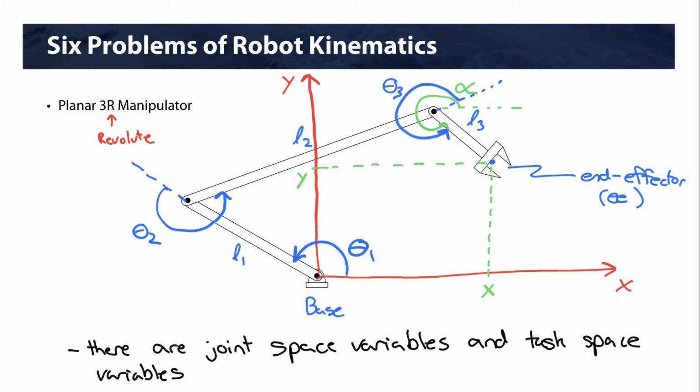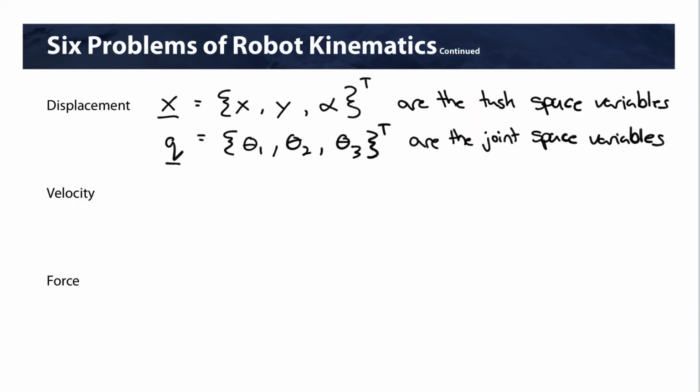This will be theta 3 relative to link 2. All right, and so those are our joint space variables for the displacement problem. So if we were given theta 1, theta 2, and theta 3, we could then probably calculate x, y, and alpha. We'll talk about that more in a few minutes.